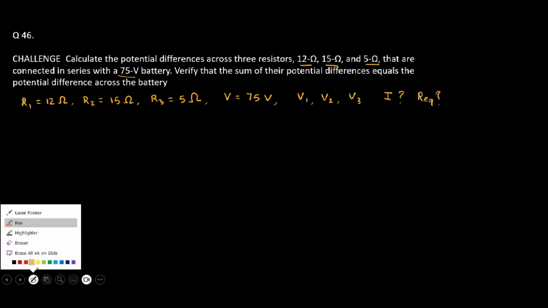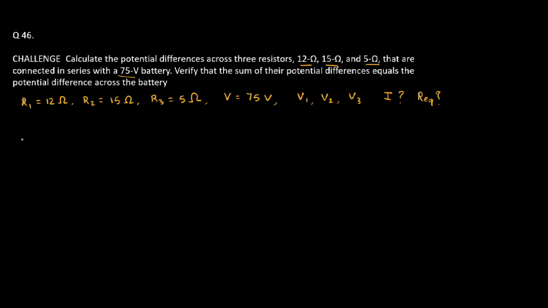So let's start with equivalent resistance. Since these resistances are connected in series, I will write R equivalent as R1 plus R2 plus R3. That will give me 12 plus 15 plus 5, which is 32 ohms.